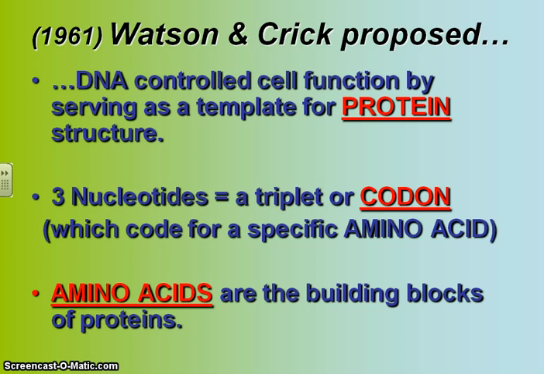There are 20 different amino acids that are possible, and when we make amino acids, they come together to make proteins. So the building blocks of DNA are what? The building blocks of DNA are nucleic acids, deoxyribonucleic acids.